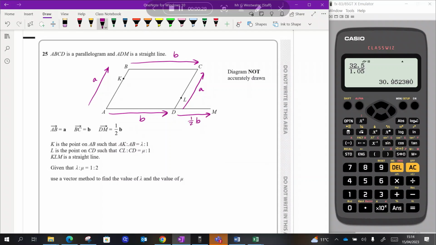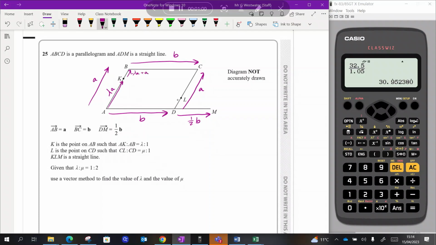Now AK to AB is in the ratio of lambda to 1. So if the whole length is a, then this is going to be lambda a up to K. There are various ways of working this out, but KB is going to basically be minus lambda a plus a, for example.